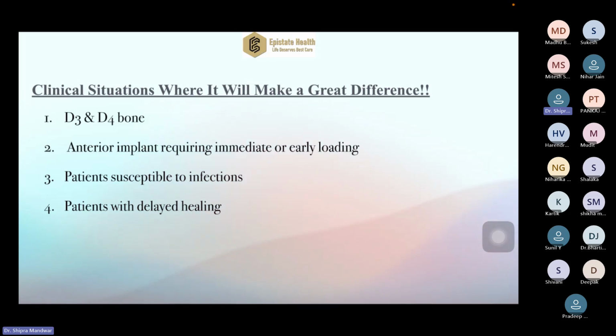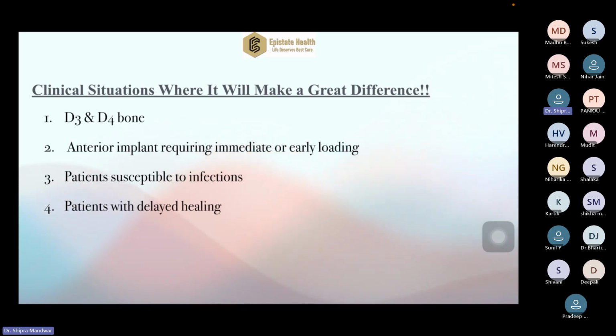As a clinician, you have placed the implants, but you have that question in mind: will the implant integrate? Will it come out? Will it be favorable? What will I do if it comes out? In such cases, when you know something is predictable, it adds to your confidence and helps you deliver what is best for the patient.